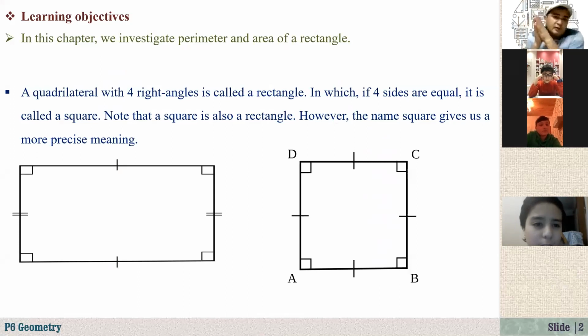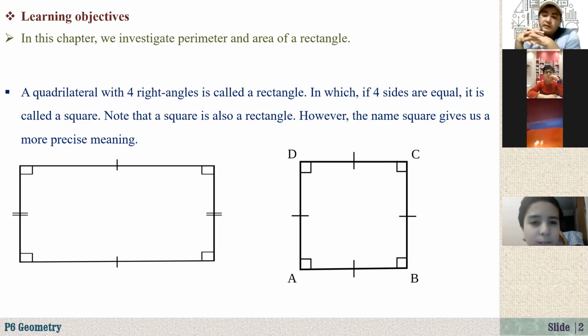So in this chapter, we investigate perimeter and area of a rectangle. And we know that when we say rectangle, a rectangle is a special quadrilateral. And a quadrilateral is a flat closed figure that has four sides, and also it has four interior angles.